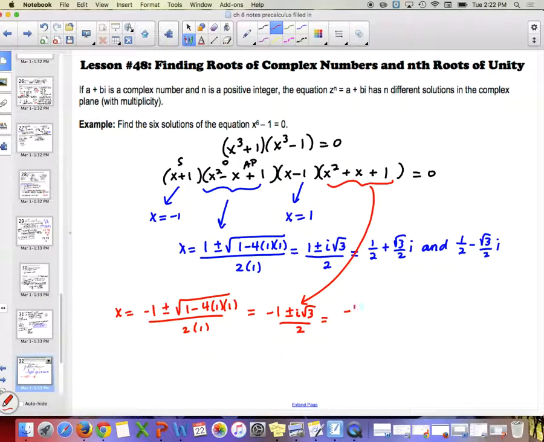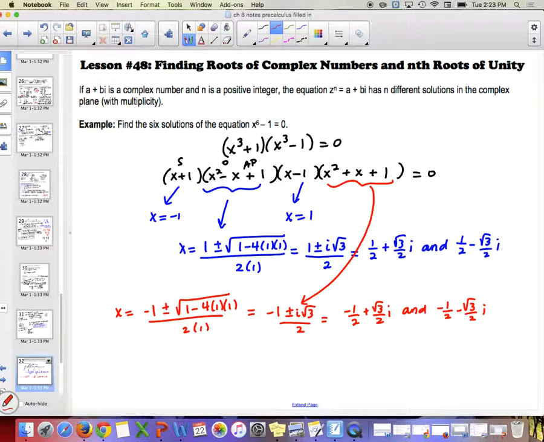So it breaks into negative 1/2 plus root 3 over 2 i and negative 1/2 minus root 3 over 2 i. And those are our 6 solutions. So we have 1, we have negative 1, we have 1/2 plus root 3 over 2 i, 1/2 minus root 3 over 2 i, etc. Do you guys see the 6 solutions?